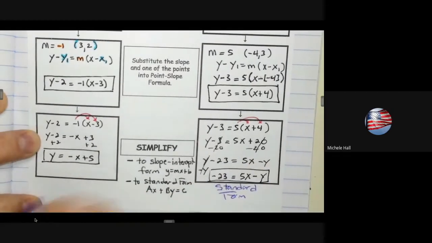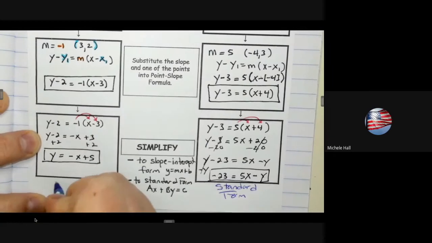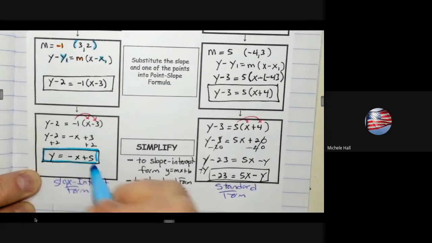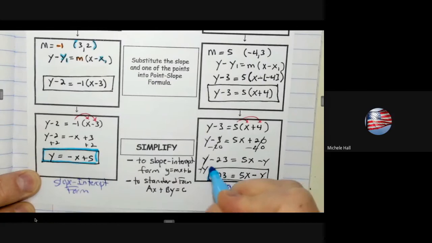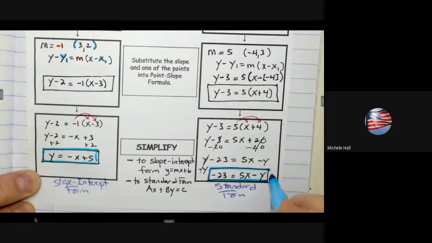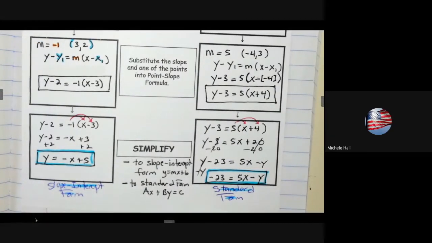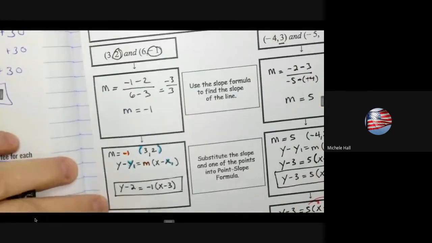And we have slope-intercept form. And then, of course, we have the point slope form.